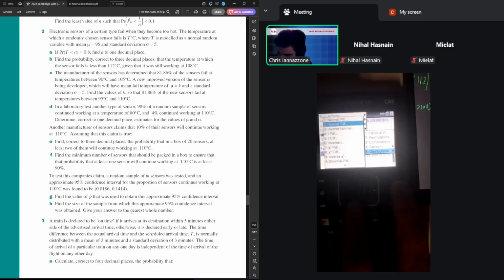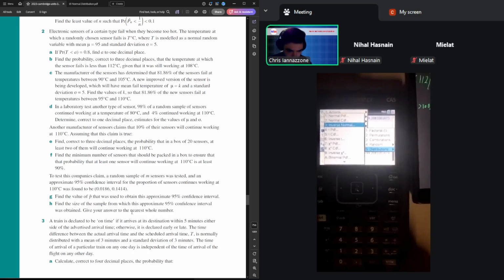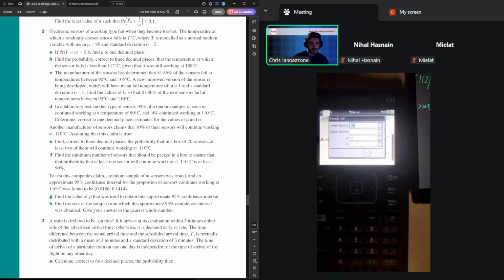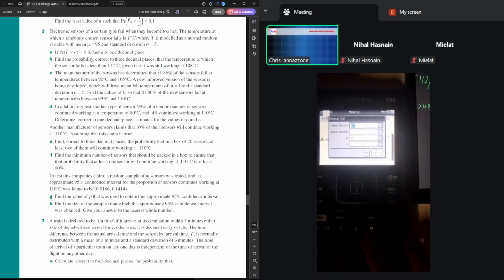So it's either going to be normal CDF or inverse normal. We know that inverse normal gives us x values, stuff along the x-axis, so the only other option we could use here is the normal CDF. CDF always gives you a probability over a range of outcomes. So if it's going to be greater than 108, our lower bound is going to be 108. The upper bound is going to shoot to infinity, as per standard by the normal distribution.